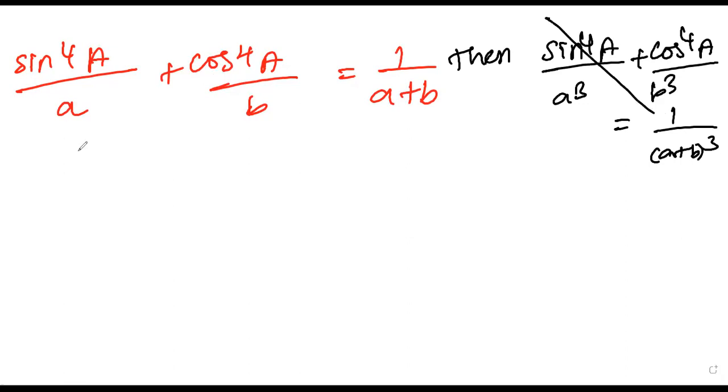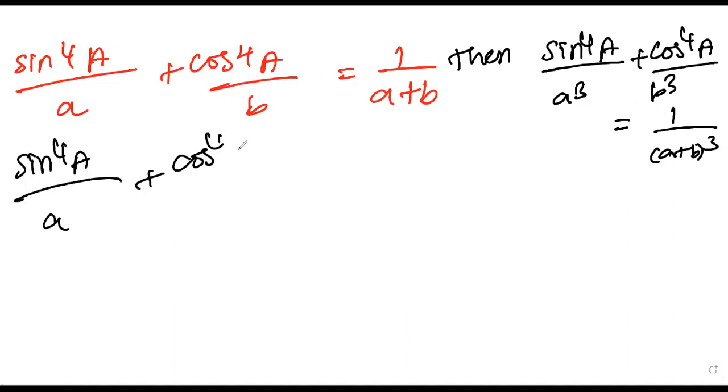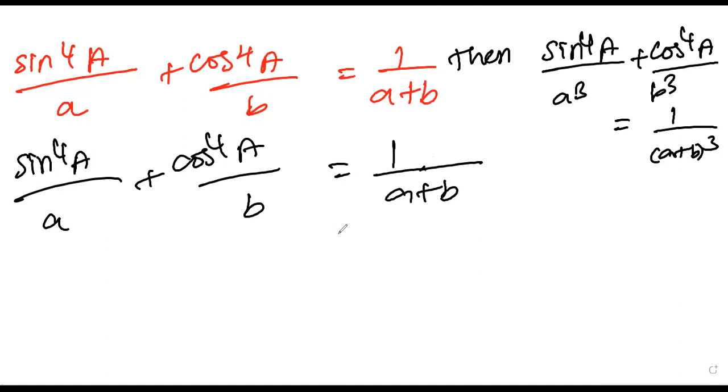So take the first two parts of the left hand side, which is sin⁴A / a + cos⁴A / b = 1 / (a + b). And you know the 1 can be written as sin² theta + cos² theta.